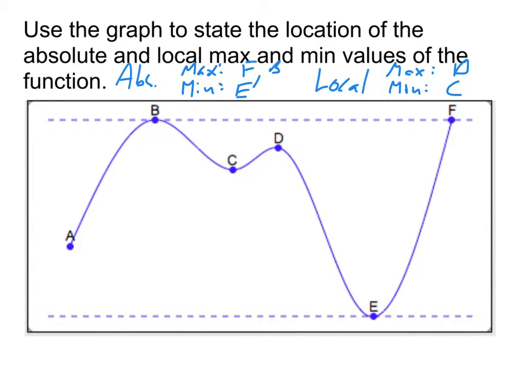Is A a local minimum? No, it's not. Because as we approach that point from the right-hand side, yes, we keep going down and it stops going down at point A. However, from the left-hand side, there is no left-hand side. So it's not going down from the left-hand side as well in order to make that a local minimum.